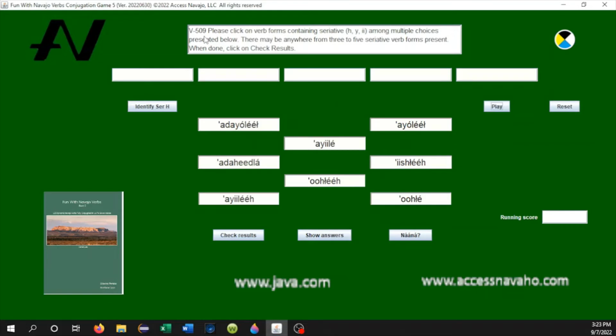So you can look that verb up in Book 5 and take a careful look at all the forms it has. You'll also see that there will be 3 to 5 seriative verb forms within the 8. So you need to identify those 3 to 5. In other words, you're going to have 3, 4, or 5 forms to pick out here.